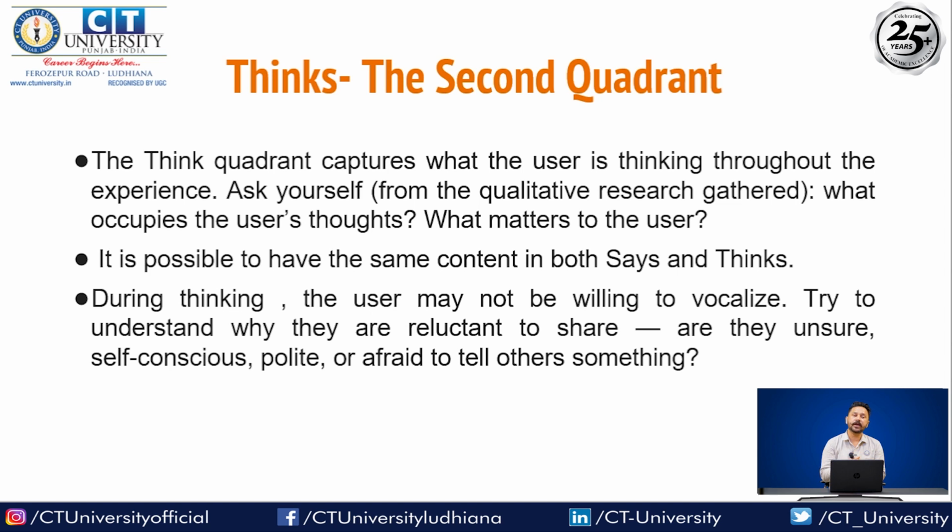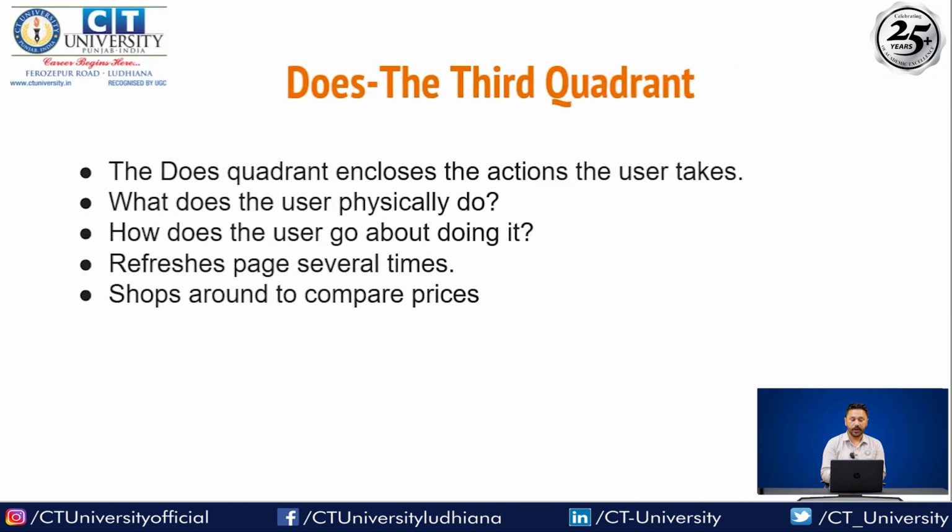On the other hand, in the first quadrant, the user directly gives their statements, but in the second quadrant he might be thinking about the same scenario but is not willing to vocalize it. We try to understand what they are reluctant to share, whether they are unsure, self-conscious, polite, or afraid to tell others something. So in this phase our user is thinking, but is not able to vocalize what he actually thinks about the product.